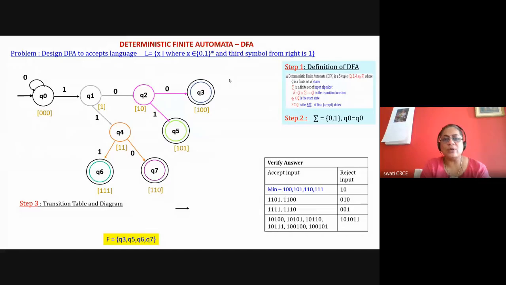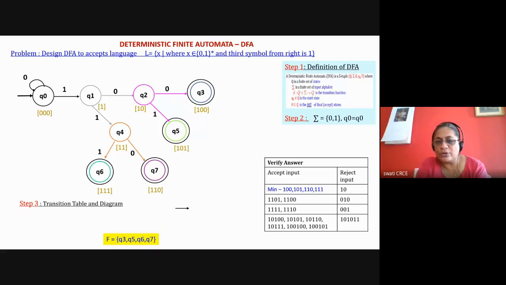Then after that, there can be 00, 01, 10 or 11, and it can go to the final state. So can anyone tell me, in Q3, if there is any 0, what will happen, and if there is any 1, what will happen? I assume that you are also drawing the diagram along with me.